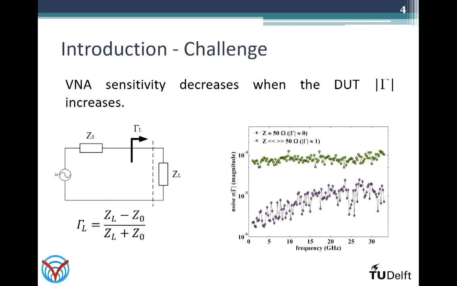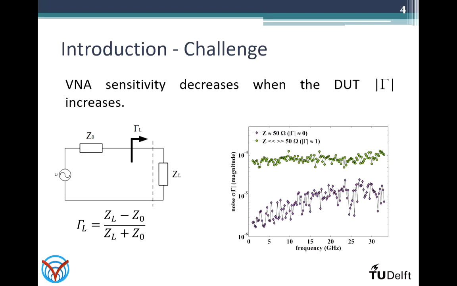Vector network analyzers have their best performance when measuring impedances that are close to their reference impedance, that is typically 50 ohm.